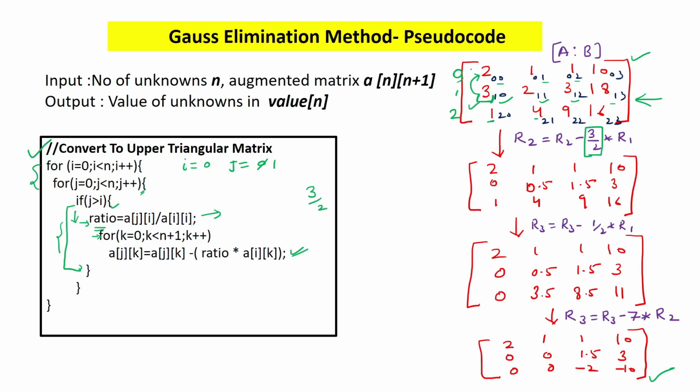So this is 3 and this is 2. So this is index 1 0 and this index is 0 0. So here if you see, we are getting j as 1 and i as 0. So a10 divided by a00. So this is actually 3 by 2. So that means we are getting the ratio as 3 by 2.